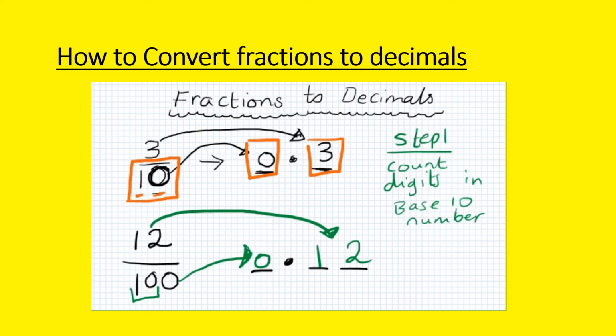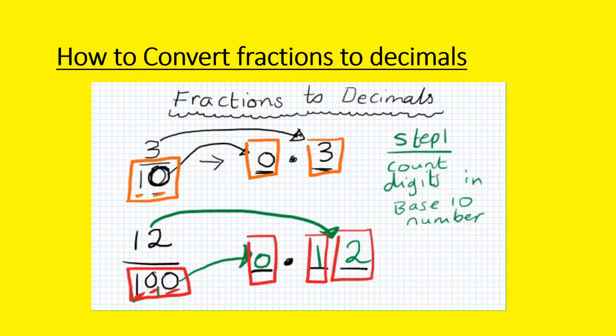Let's have a look at the second fraction that we've just converted. The base 10 number here is 100, and this 100 has got 1, 2, 3 digits. Let's have a look at the decimal. 1, 2, 3. It had enough for 3.